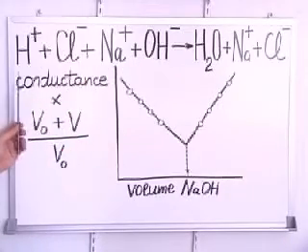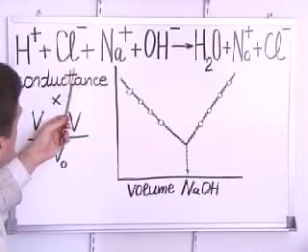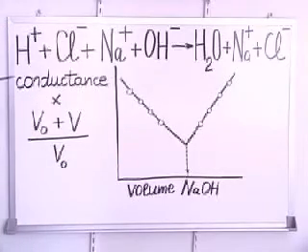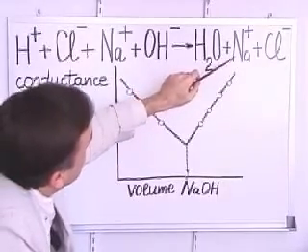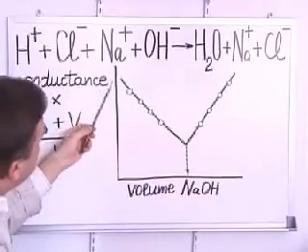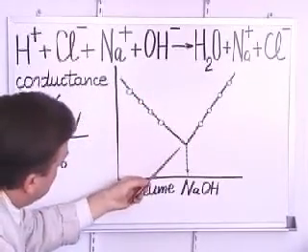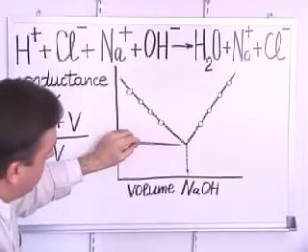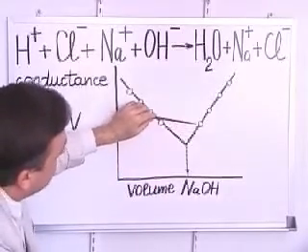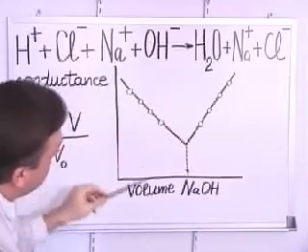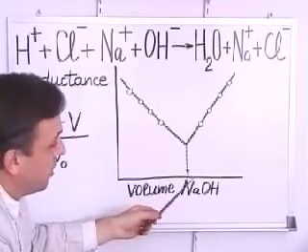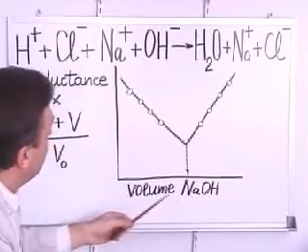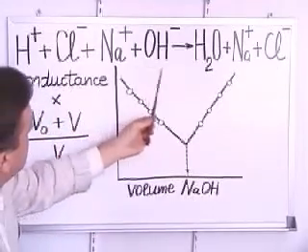In this concrete example of titration of hydrochloric acid with sodium hydroxide, the replacement of the rapidly moving protons with the slowly moving sodium cations leads to the decrease of the conductance of the solution, and it attains its lowest value at the endpoint. After the endpoint, the conductance again increases due to the increased concentration of the sodium and especially of the increased concentration of the hydroxide ion due to the addition of the titrant.